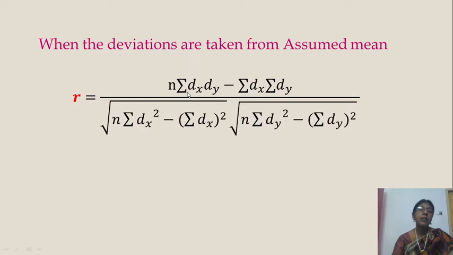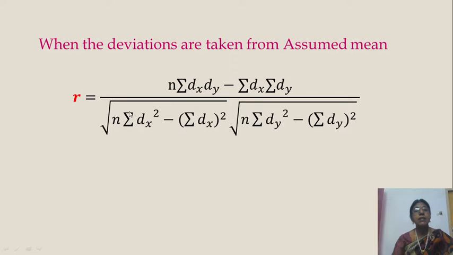Here you observe, this is dx into dy. First find dx, then find dy, then dx into dy. After that, take the summations: the sum of dx, the sum of dy, and the sum of the product dx dy.